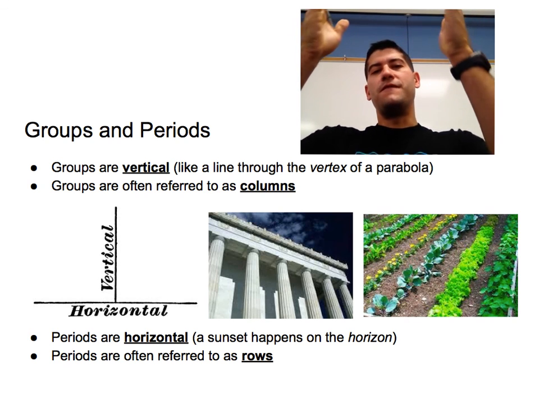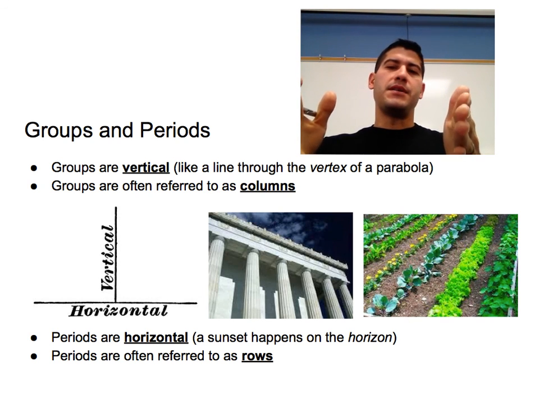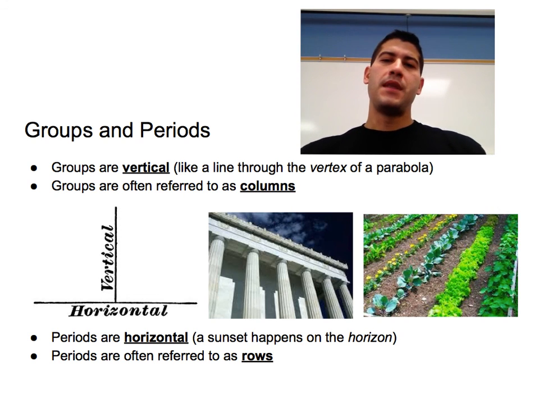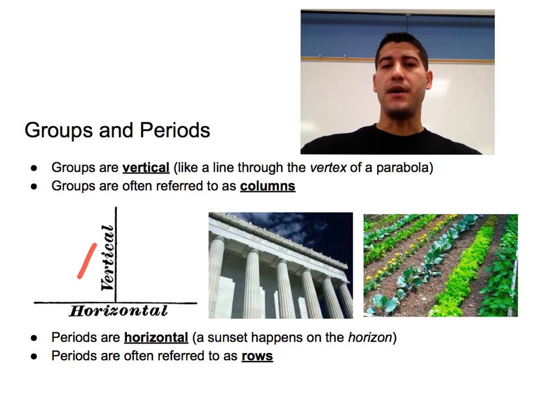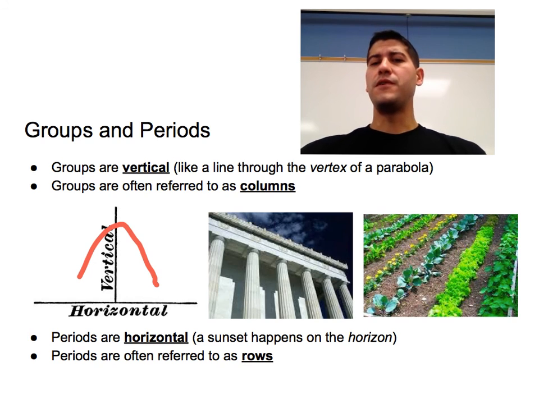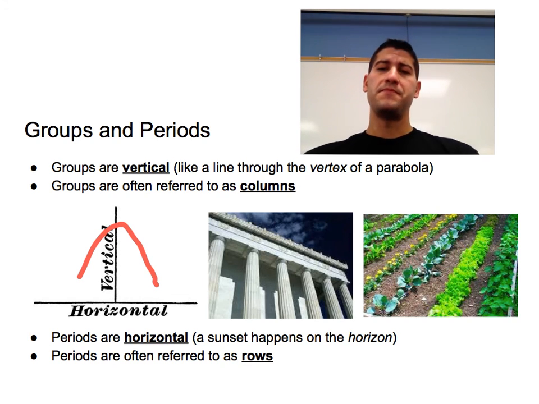Groups are the vertical columns of the elements on the periodic table. Vertical means up and down. In algebra, you'll study parabolas later this year, and you'll often draw a vertical line through the vertex or tip of a parabola, which is this shape. You'll often hear a group referred to as a vertical column, and that might help you remember what vertical means.